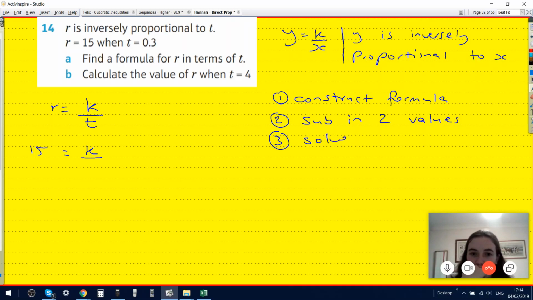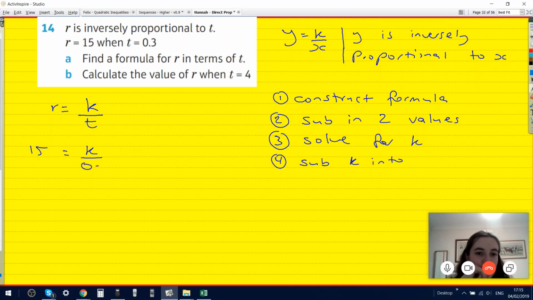Over 4. No. When r is 15, what is t? 0.3.